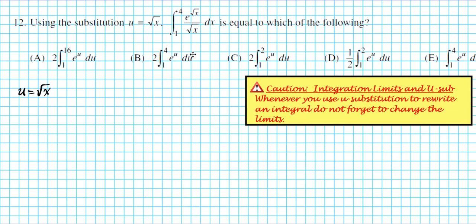So we have to rewrite this function in a way that we have the composite function and the derivative of the inner of the composite function, dx. Okay, so the original problem is the integral from 1 to 4 of e to the rad x over rad x dx. Now, it's good to write it in a way that's easy to distinguish between the composite and the other functions, so your U substitution will be clean.